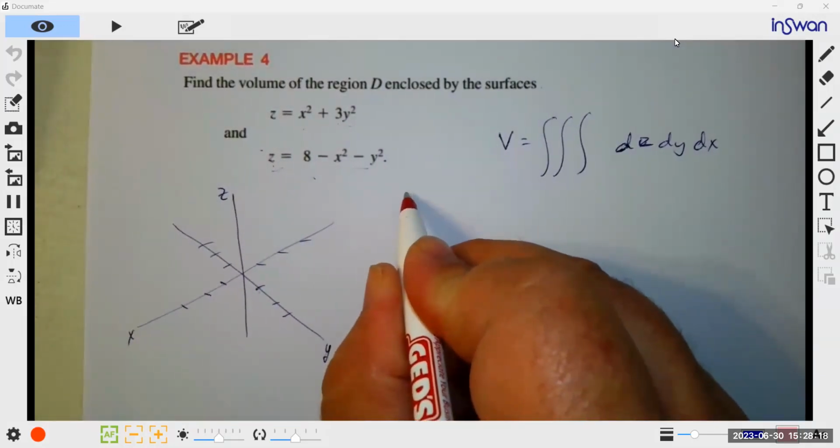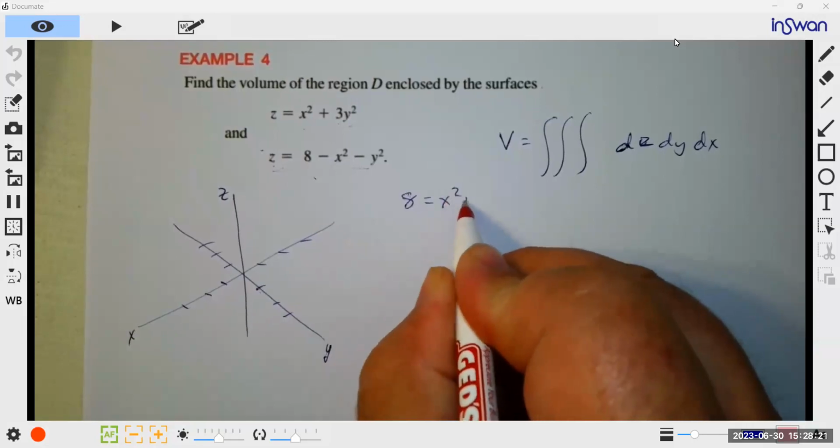So we have 8 equals X squared plus Y squared.